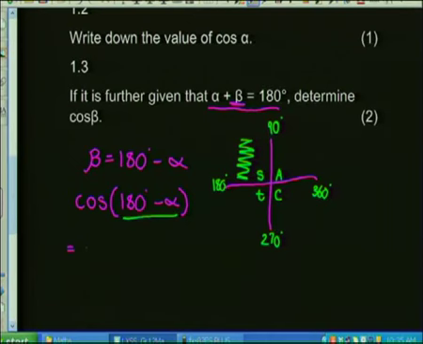Therefore, our answer would be negative cos alpha. And from the previous question, we've learned that cos alpha has got a value of 15 over 17. Thus, cos beta has got a value of negative 15 over 17.